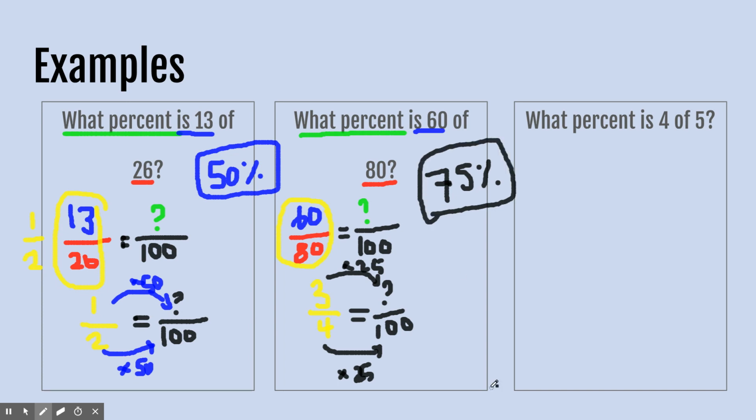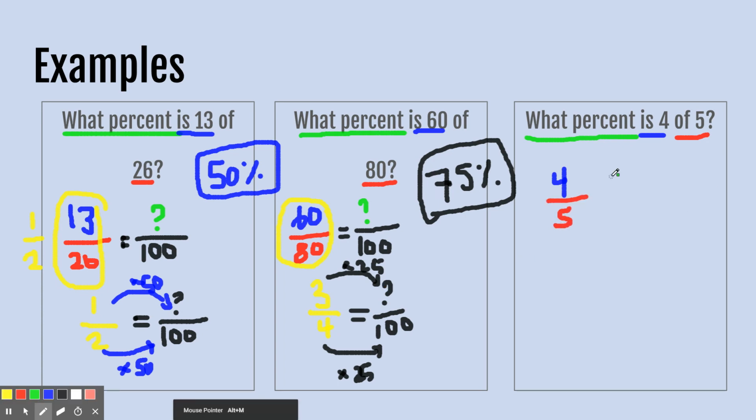Okay, and then the last one is what percent is 4 of 5? I just want to know 4 is the part, 5 is the whole, and what percent would that be equivalent to? So I would have 4 to 5, and I want to know that is equivalent to what percent.